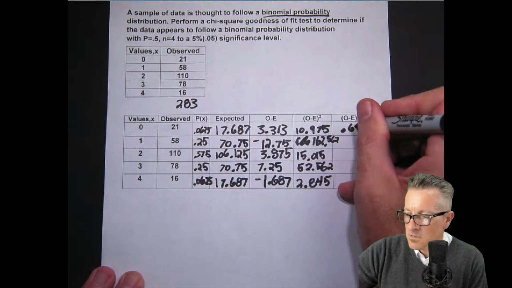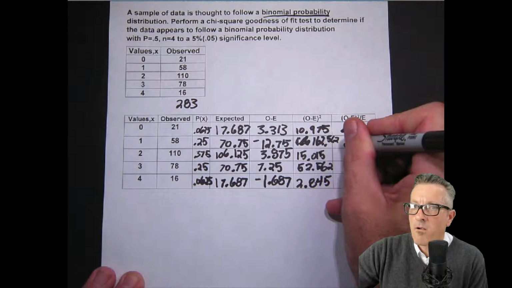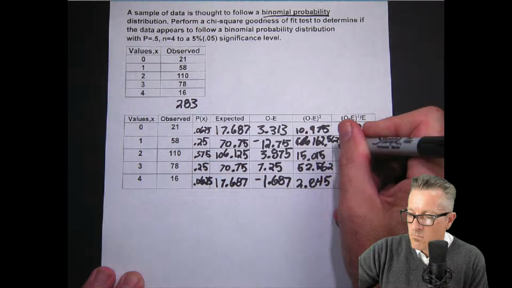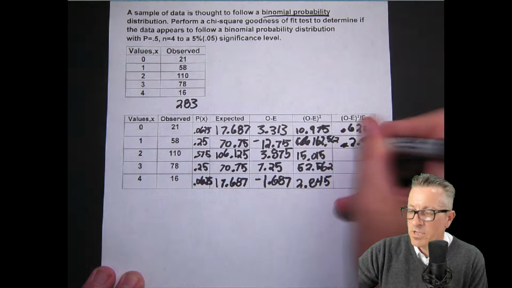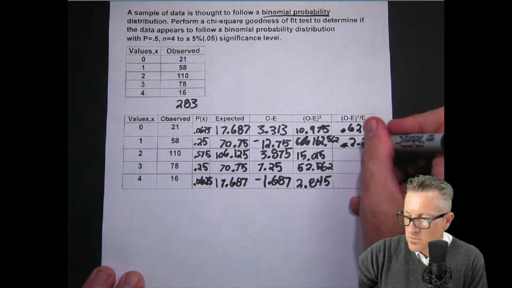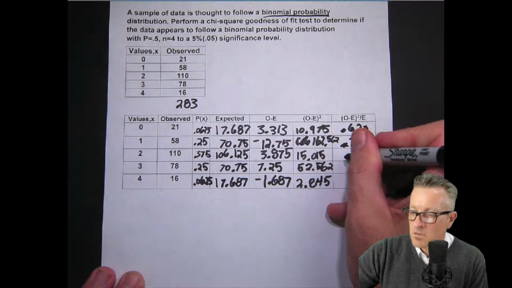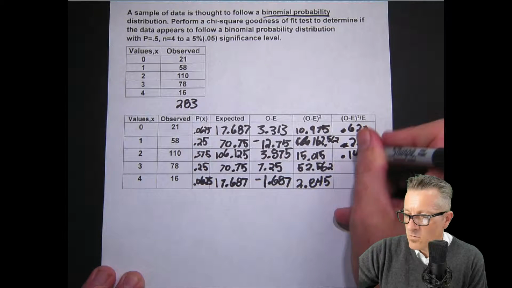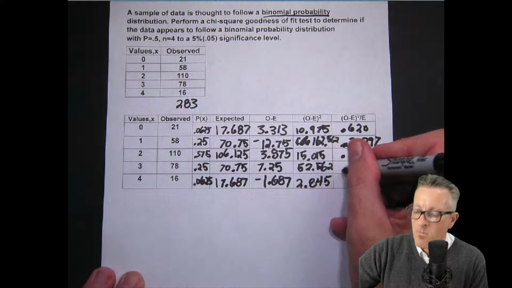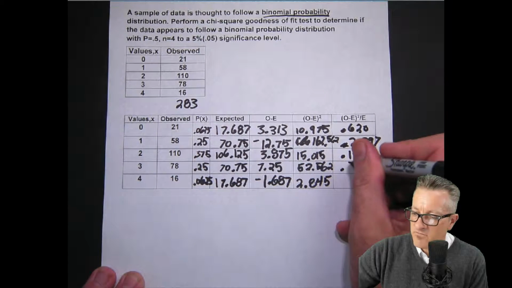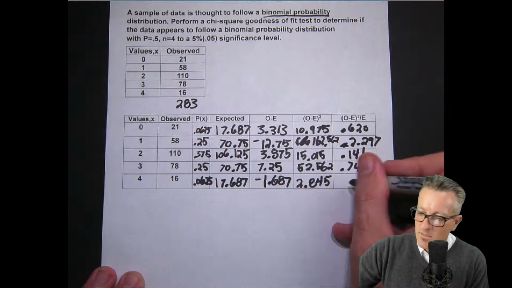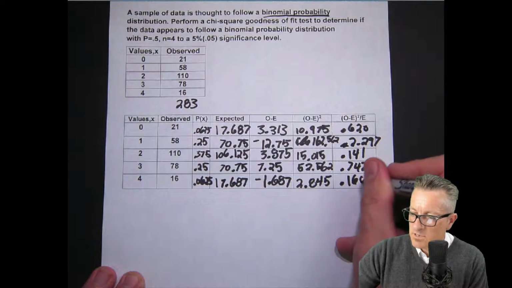0.620, 2.297, 0.141, and then 0.742, and then 0.160.